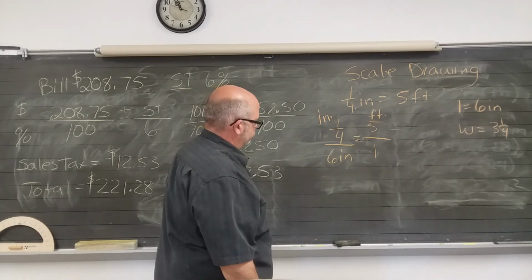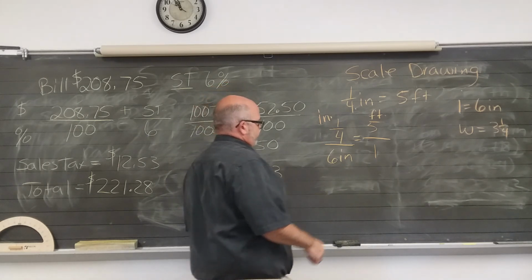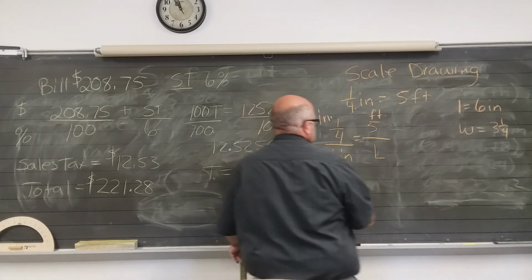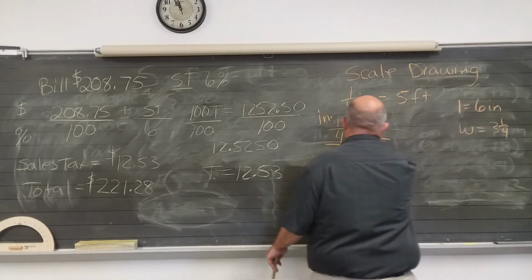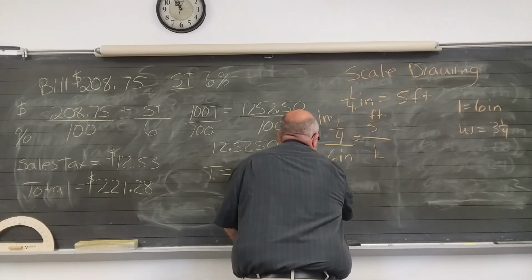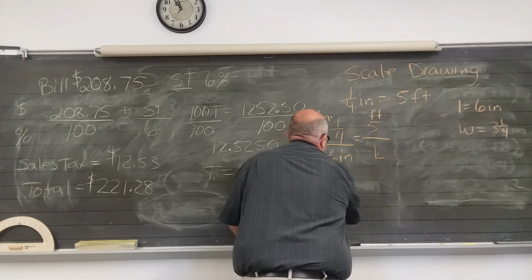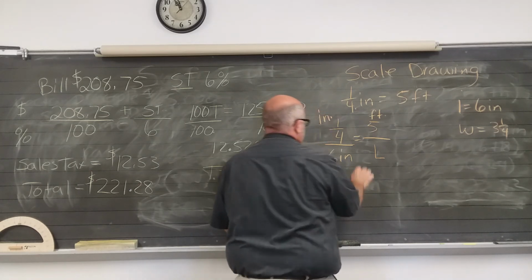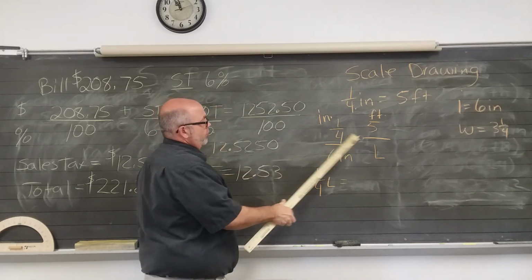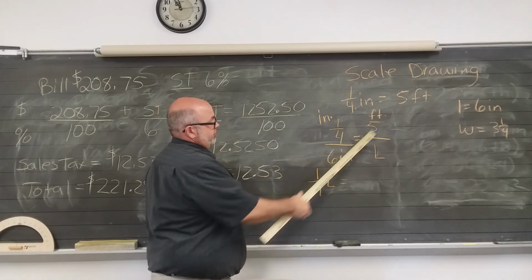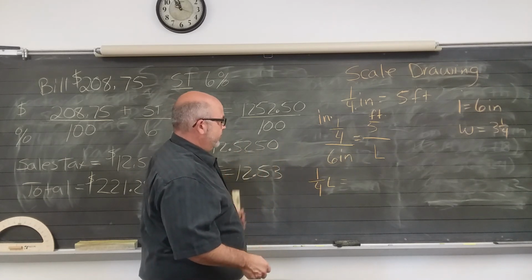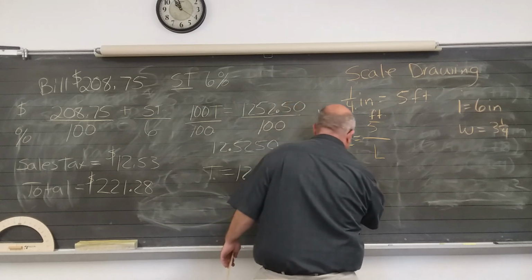Okay? That's not a 1, that's an L. So 1/4 L equals 6 times 5. Remember, you're doing 1/4 times L and 6 times 5. Let's just do 6 times 5 so that we don't run out of space. 6 times 5 is 30.